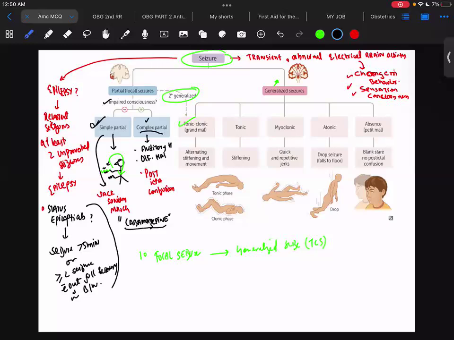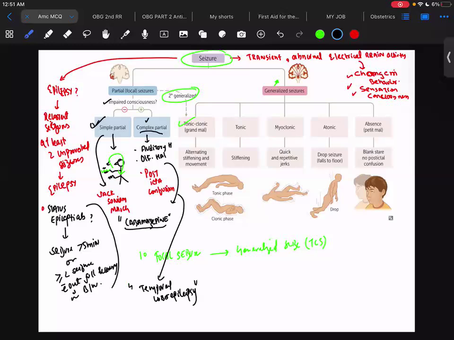Remember that patients with partial seizure have focal seizures, and sometimes complex partial seizure, if it recurs, comes back as a case of temporal lobe epilepsy.